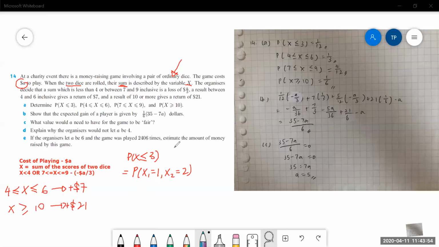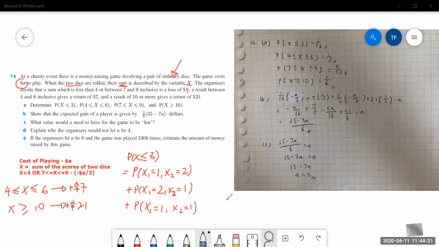We talk about getting 3 first. Then the next one will be plus probability of x1 equals 2 and x2 equals 1. So that's all for getting 3, right? And then the next one will be getting 2. How do we get 2? It will be 1 and 1.